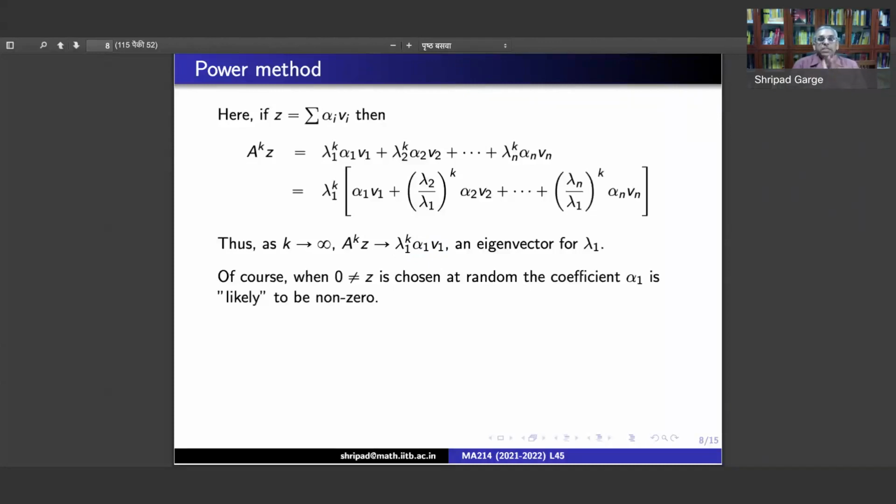What happens is that, first of all, whenever you choose your z randomly, it is likely that your first coefficient alpha 1 is non-zero. If that happens to be 0, then you take the vector subspace generated by the vector you have chosen and choose a vector outside that subspace. Even that may have your first coefficient be 0.